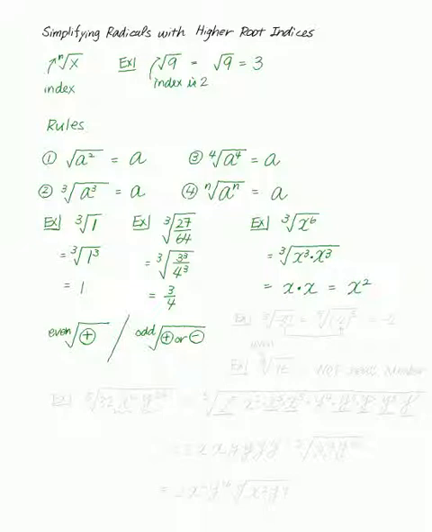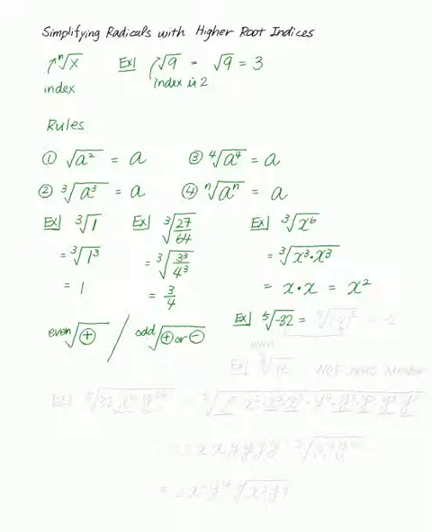This next example, we're going to end up with the fifth root of negative 32. Now if we look at our rule over there, this is an odd index, so we can have a negative under the radical.